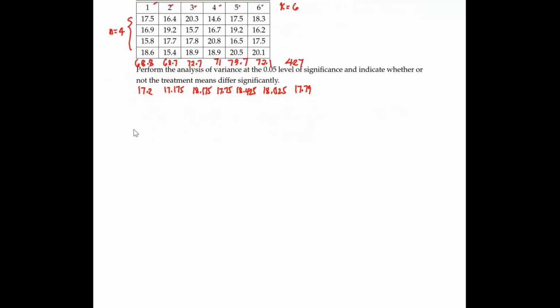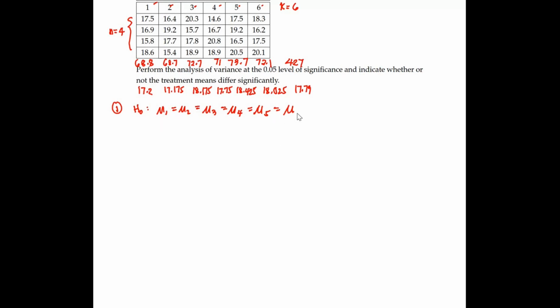So from this, step number 1 is to state the null hypothesis and the alternative hypothesis. Since we have 6 cases here, we have mu sub 1 equal to mu sub 2 equal to mu sub 3 equal to mu sub 4 equal to mu sub 5 equal to mu sub 6.